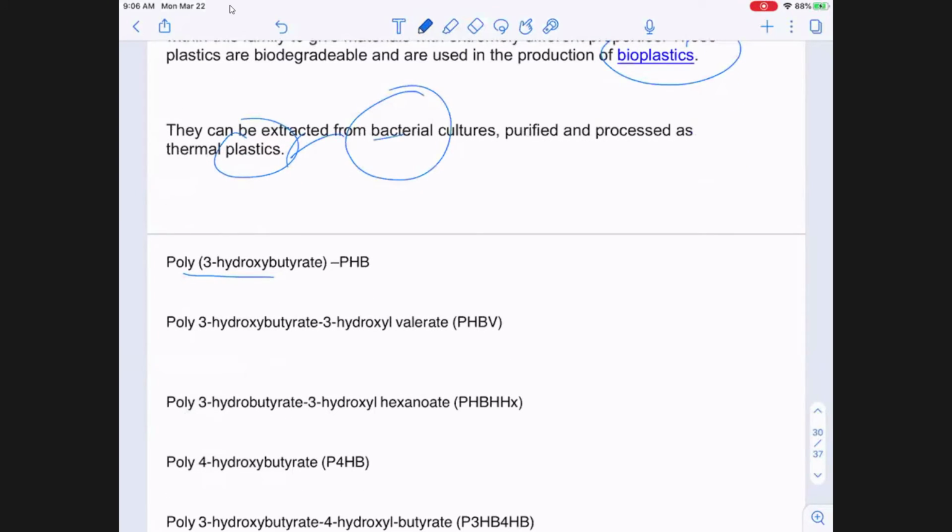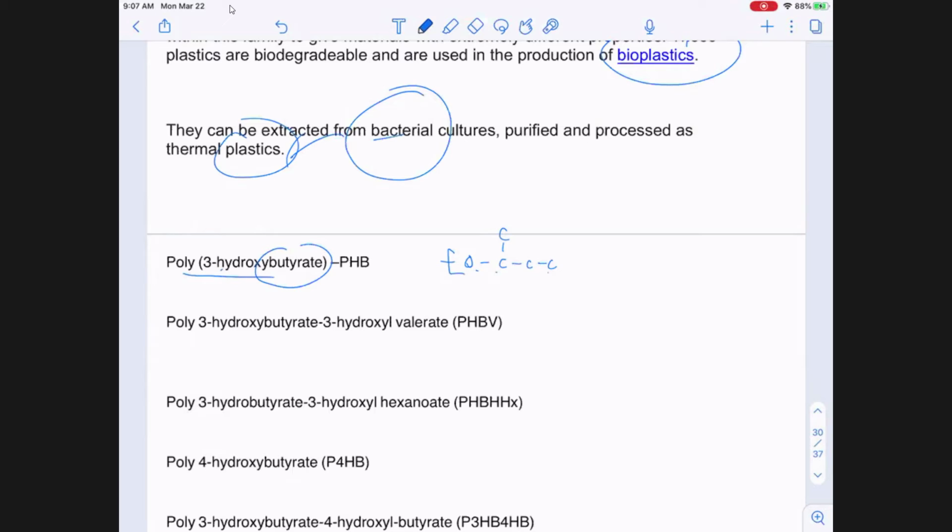So PHB: butyrate means 4 carbons. It's 3-hydroxy. 1, 2, 3. We have 4 carbons, right? 1, 2, 3.